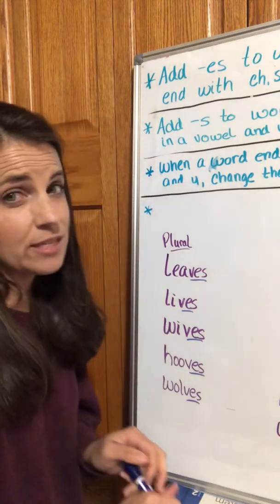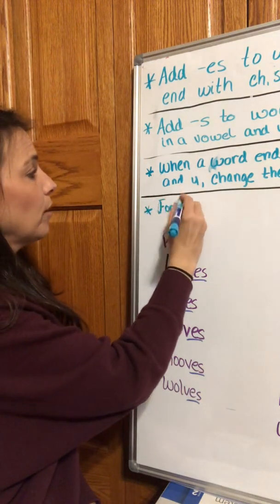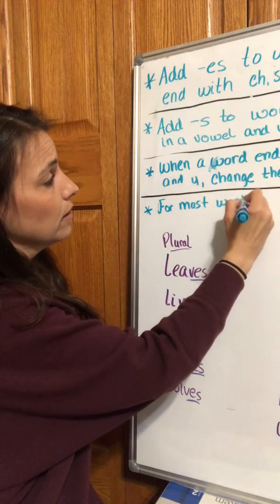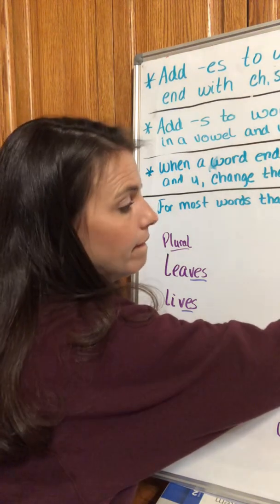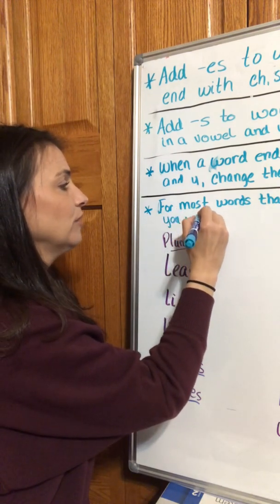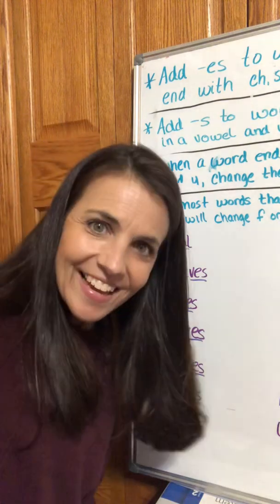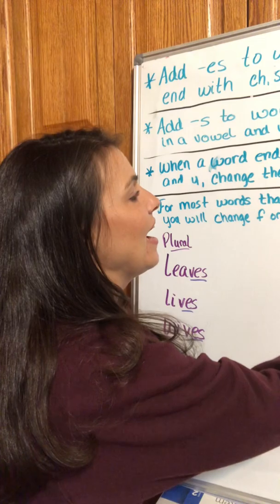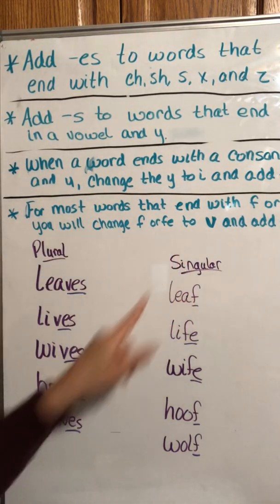So we're going to preface it with saying, for most words that end with F or FE, you will change the F or FE to V and add ES. Good job. So that's the rule.